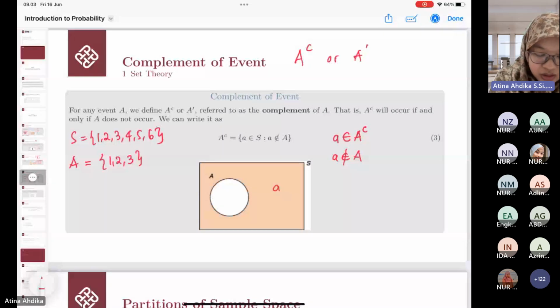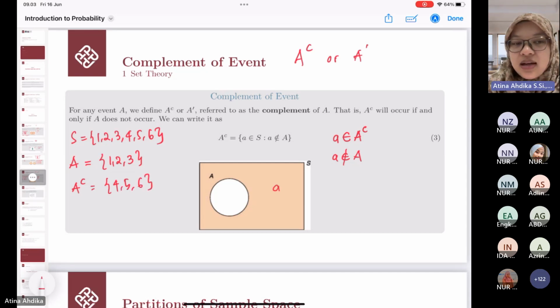So the complement of A is 4, 5, and 6. So the complement of A occurs if and only if A does not occur. Or we can say that if we take any element of A complement, then this little a will not be in A.